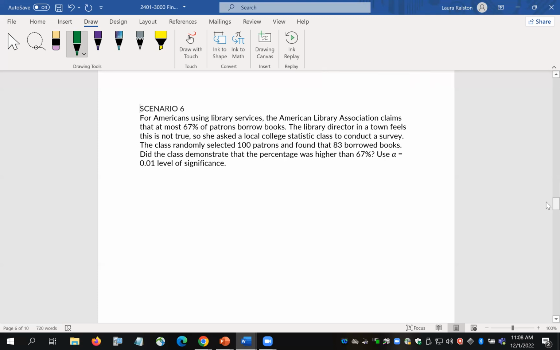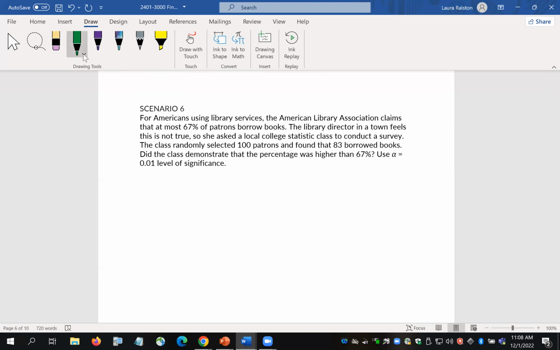The library director in a town feels this is not true. So she asked a local college statistics class to conduct a survey. The class randomly selected 100 patrons and found that 83 borrowed books. Did the class demonstrate that the percentage was higher than 67%? Use alpha equals 0.01 level of significance.